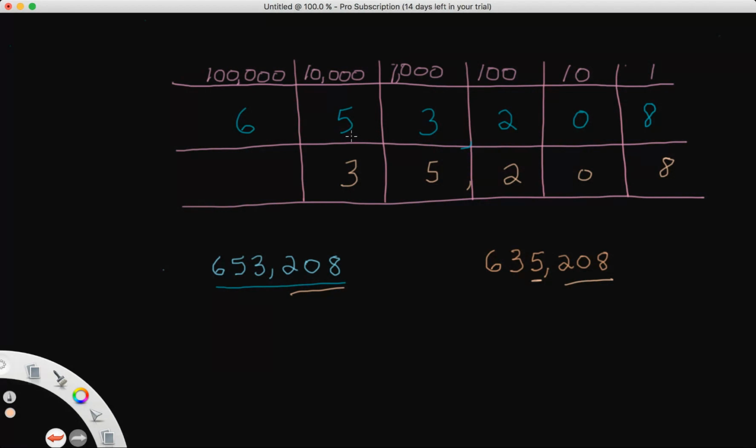This digit here represents 50,000. So even though that 3 is smaller than the 5 in the thousands place, the value of the number right now is larger with this number because it's 53,208 versus this one, which is 35,208. But I'm going to keep going because in my hundred thousands, depending on where it is, it could be a 7. It could be a larger number than that.